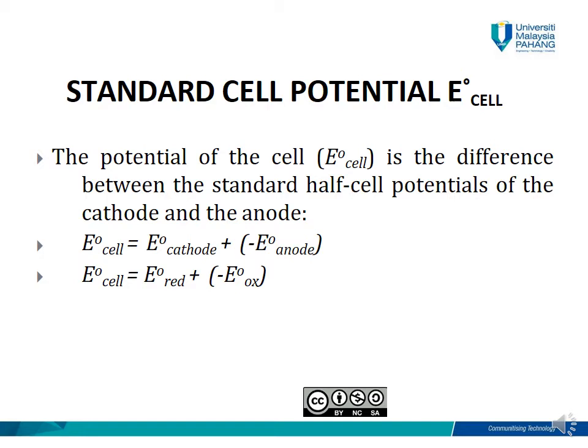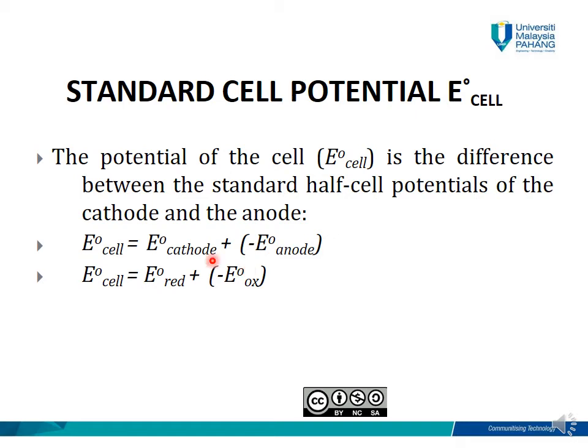So when we do calculation at standard state, we can simply use these two formulas that you can see here, which are the same. If you understand the first equation very well, you don't have to worry about understanding the second formula, because it's totally the same.